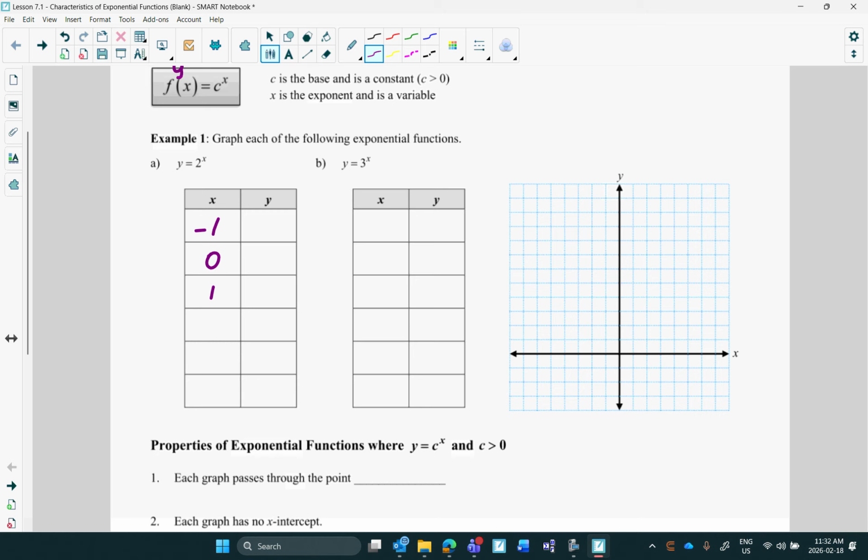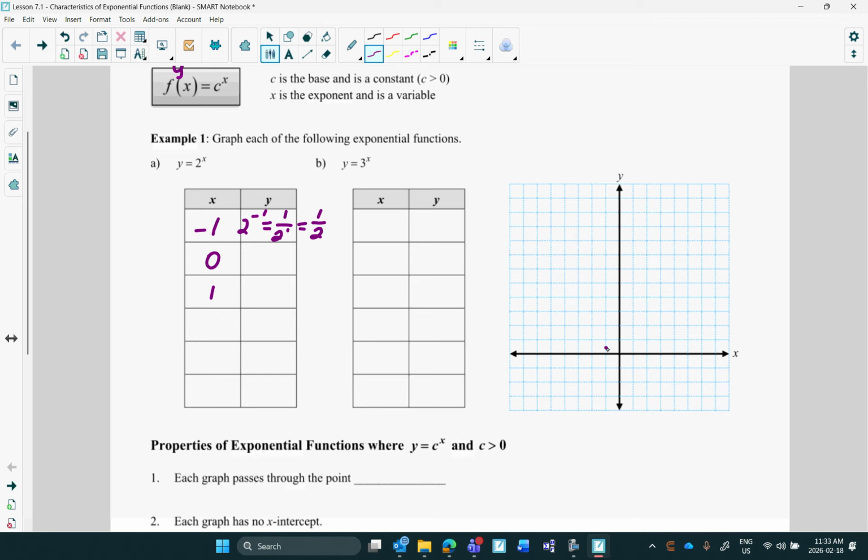So if x is negative 1, remember what 2 to the negative 1 is? 1 over 2, right? Because 2 to the negative 1 is the same as 1 over 2 to the positive 1, which is 1/2. So negative 1 is 1/2.